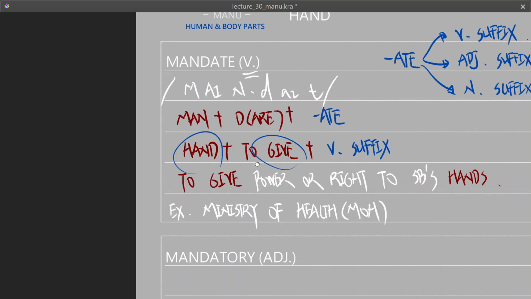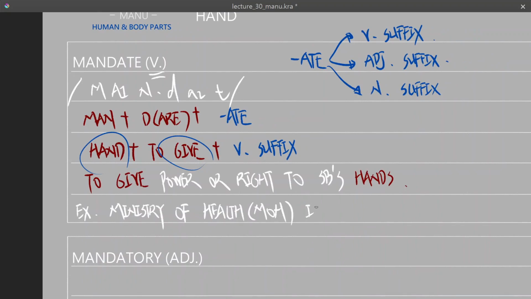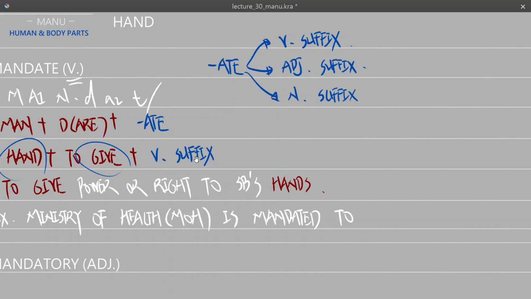Ministry of Health is mandated to do what?